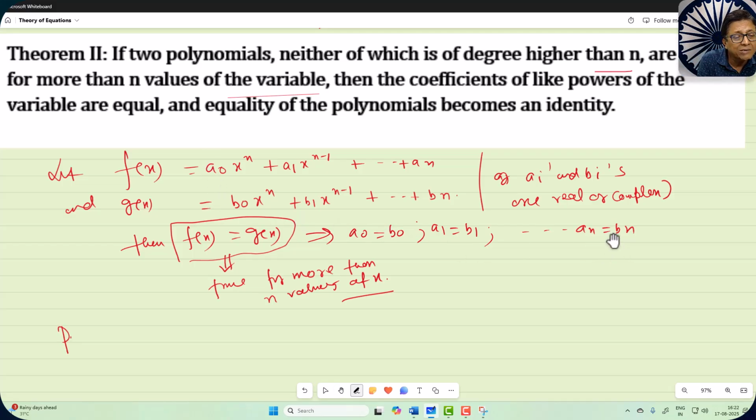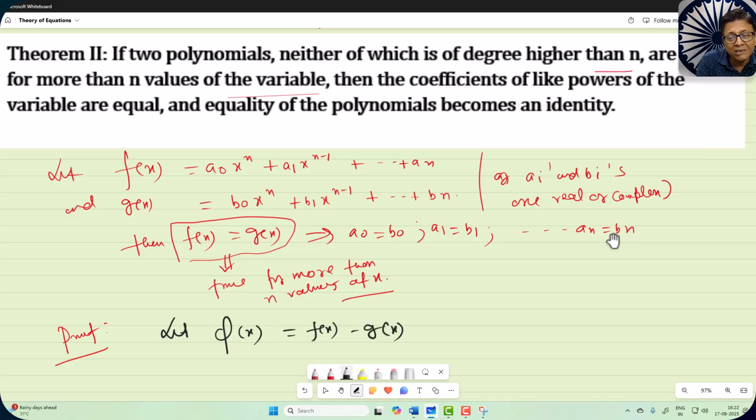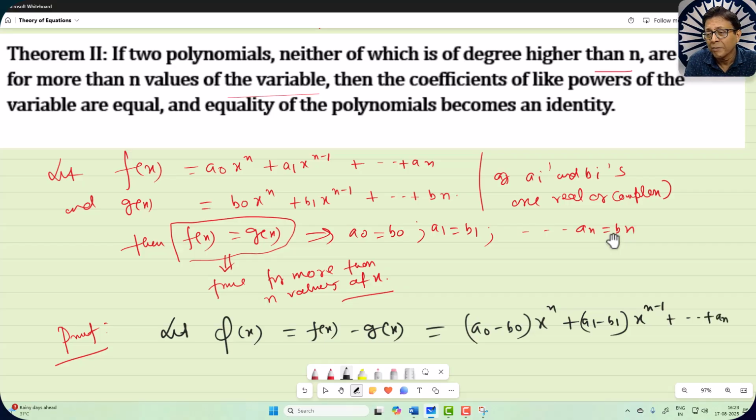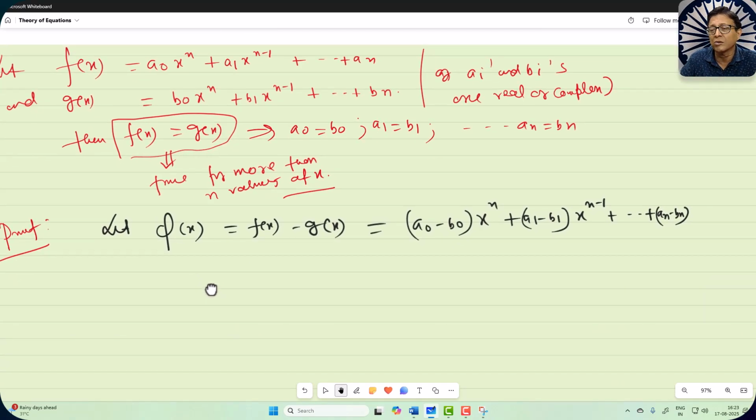To prove this, we start by taking a third polynomial. Let φ(x) = f(x) − g(x). So this will be (a0 − b0) x^n + (a1 − b1) x^(n−1) + ... + (an − bn). f(x) is 0 and φ(x) is also 0.